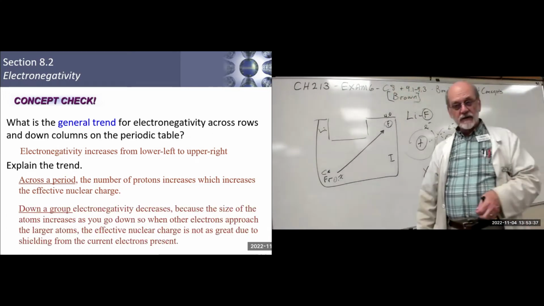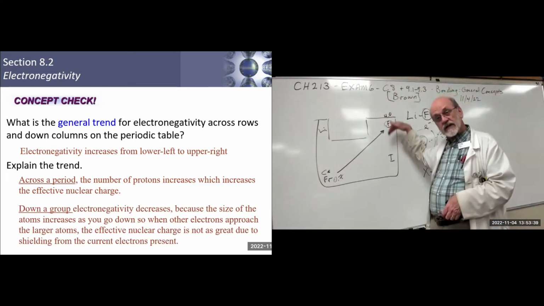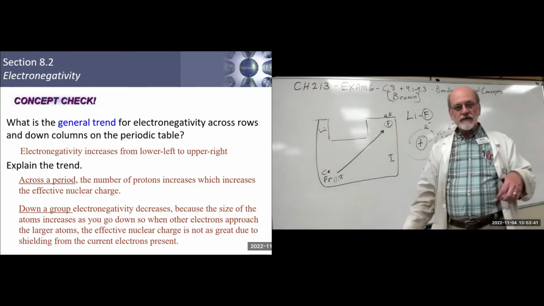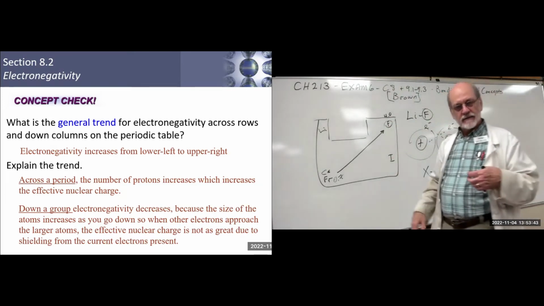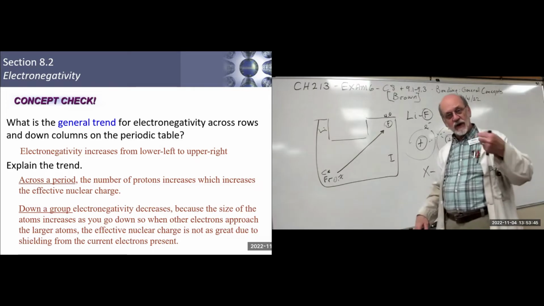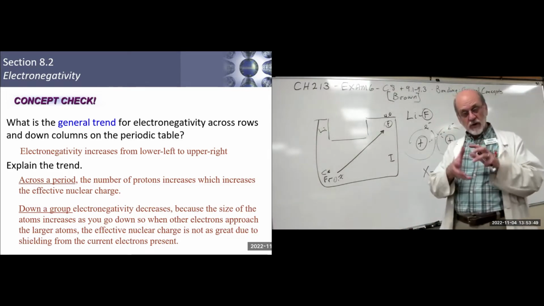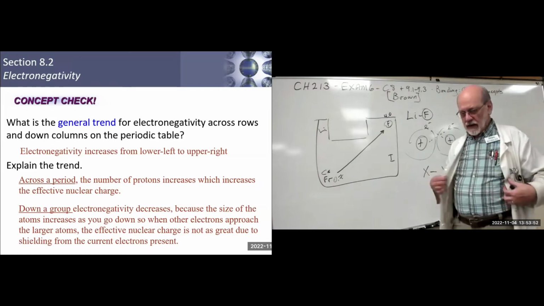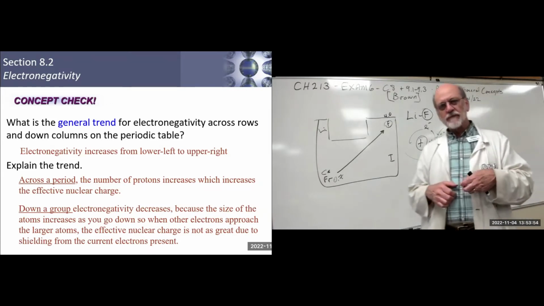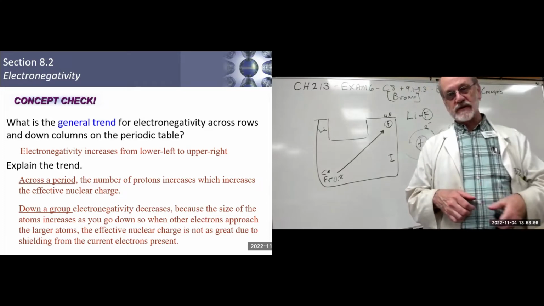Down a group, you see the electronegativity decreasing because you are adding more protons, but you're adding more electrons in the core, and they are shielding those protons in the nucleus. So the effective nuclear charge decreases.